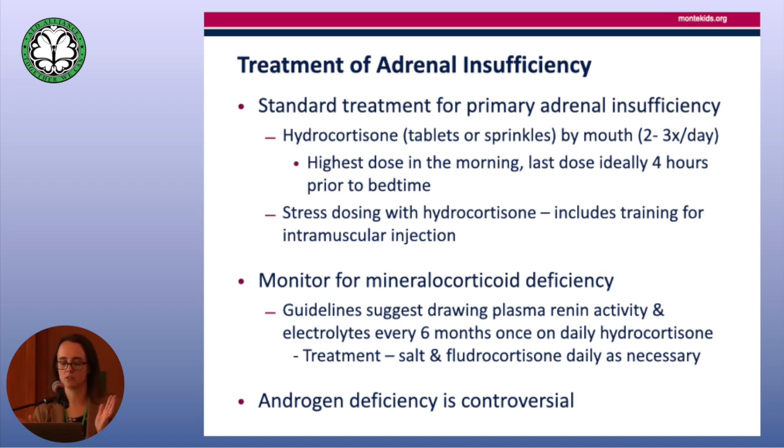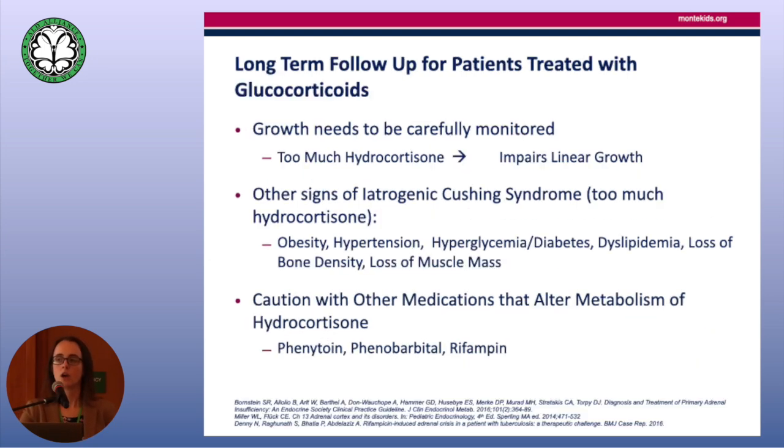So usually you just need to monitor for the mineralocorticoid deficiency once you've established that there is cortisol deficiency. And androgen deficiency is incredibly controversial about replacement, and we generally do not recommend replacing with DHEA because it's associated with lipid abnormalities and worse cardiovascular outcomes.